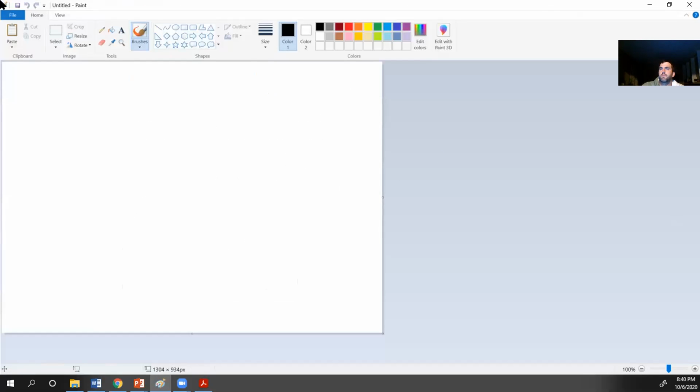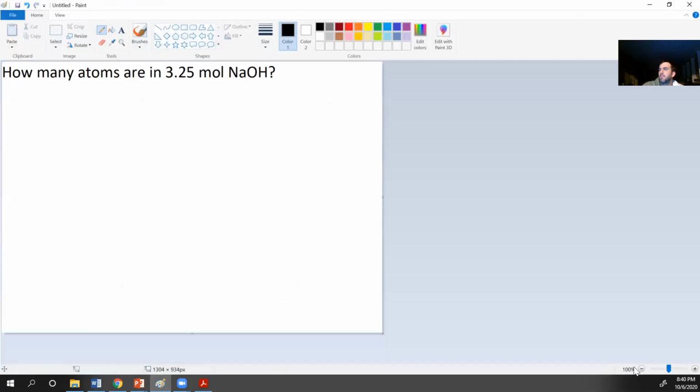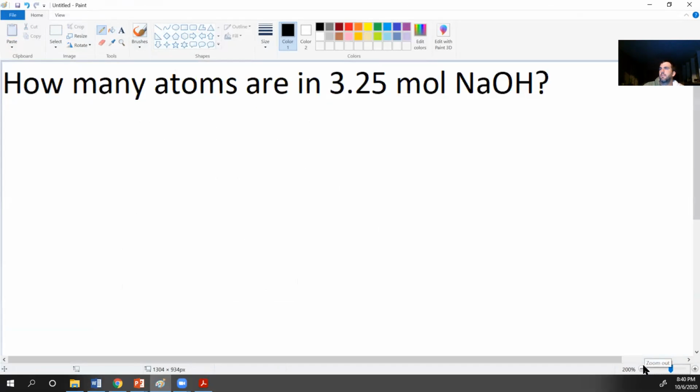So my first example is going to say, how many atoms are there in 3.25 moles of NaOH? When I'm doing these things, this is a conversion problem. I want to take what I know.